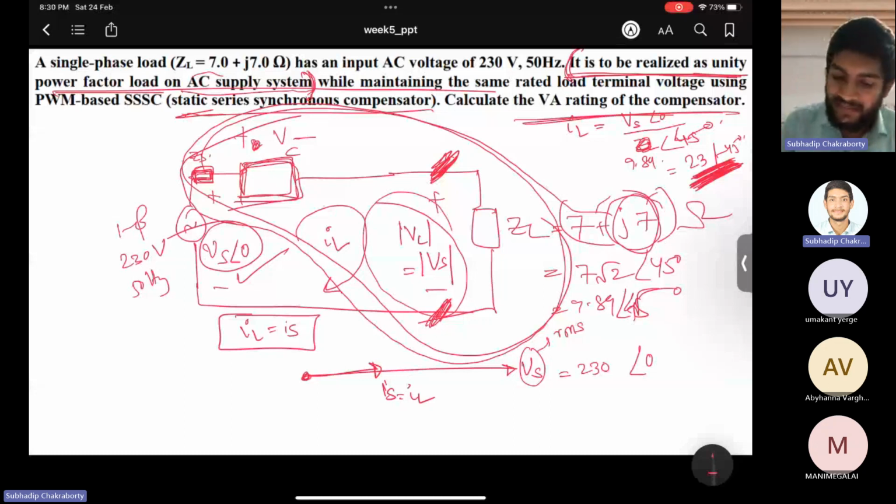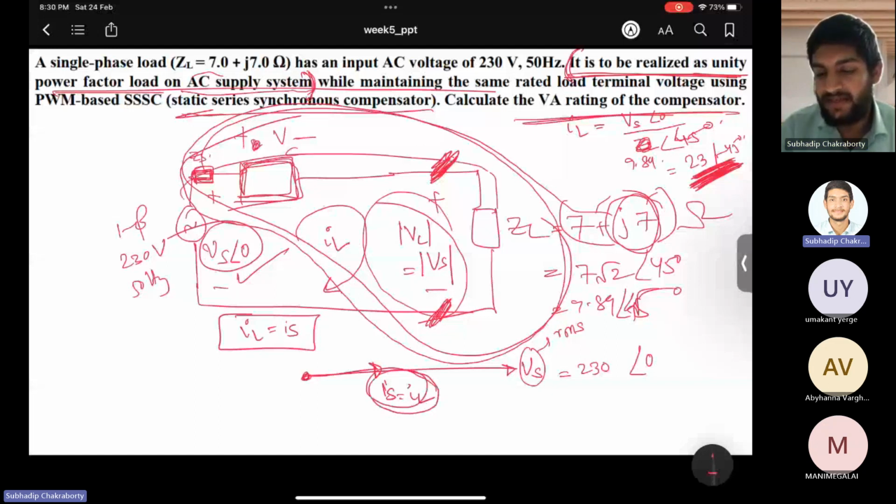Now IS equal to IL, and both are in phase with the supply voltage. If such current flows into the network, what will be your voltage across the load? VS minus IS into ZS minus IS into the compensator voltage. You can calculate that. But you know that the load voltage is also compensated to a value equal to the supply.